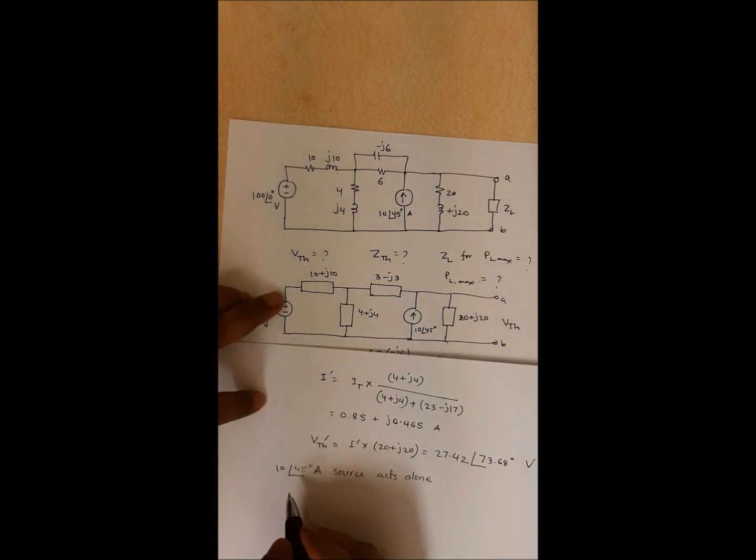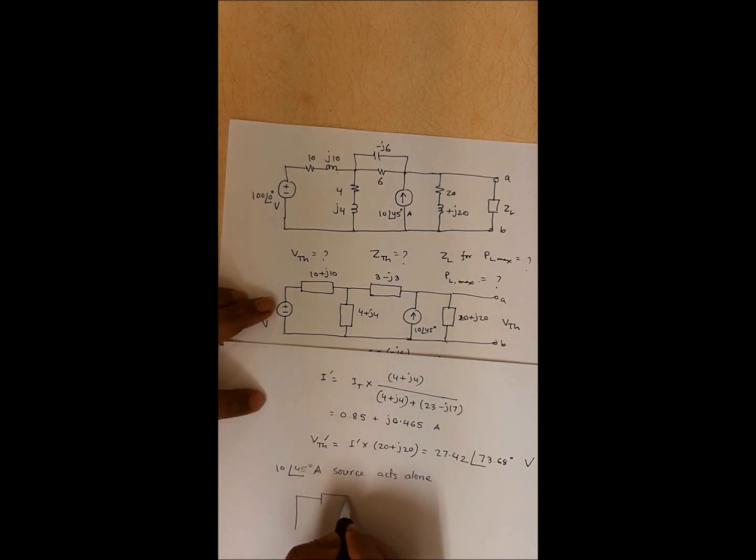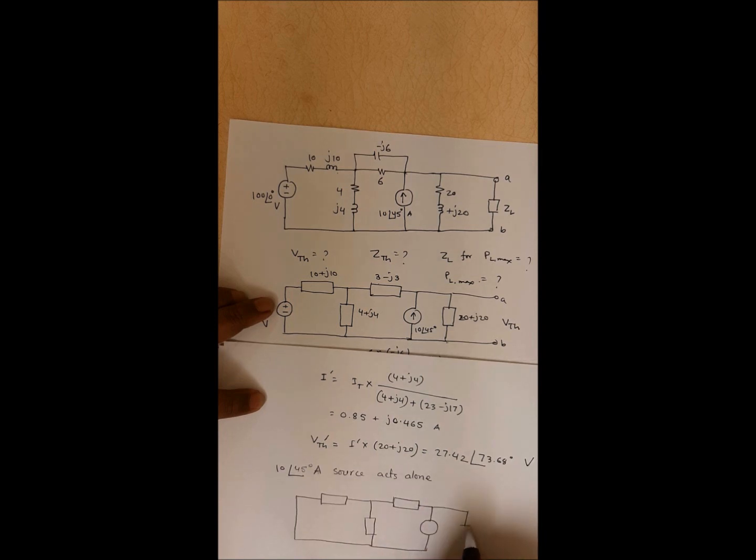For that case, the voltage source will be shorted, and we do have this current source here, and we have the Thevenin double prime.